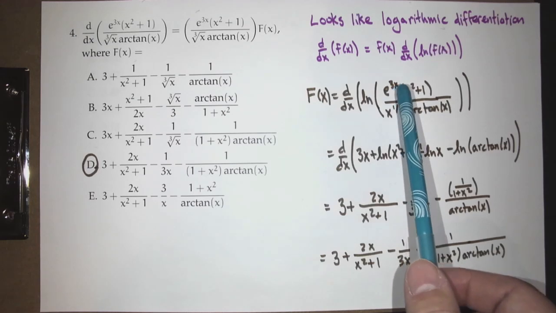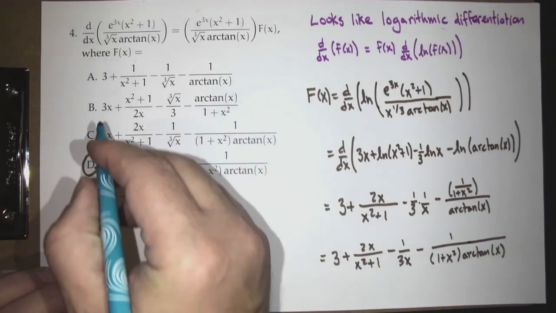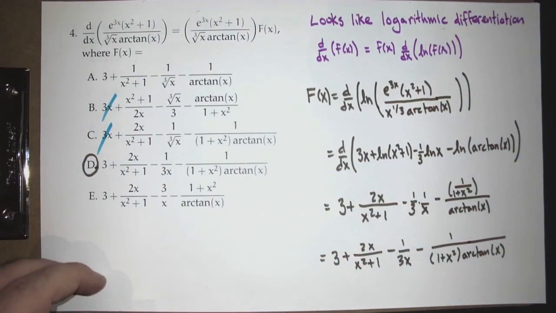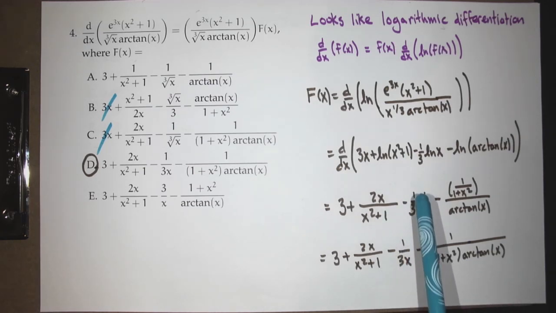Log of e to the 3x gets us 3x, because log of e is 1. Now, even just here, you say, what's the derivative of 3x? It's 3. That rules out b and c. Okay, then we have log of x squared plus 1. Well, take the derivative of log of x squared plus 1. What do you have?